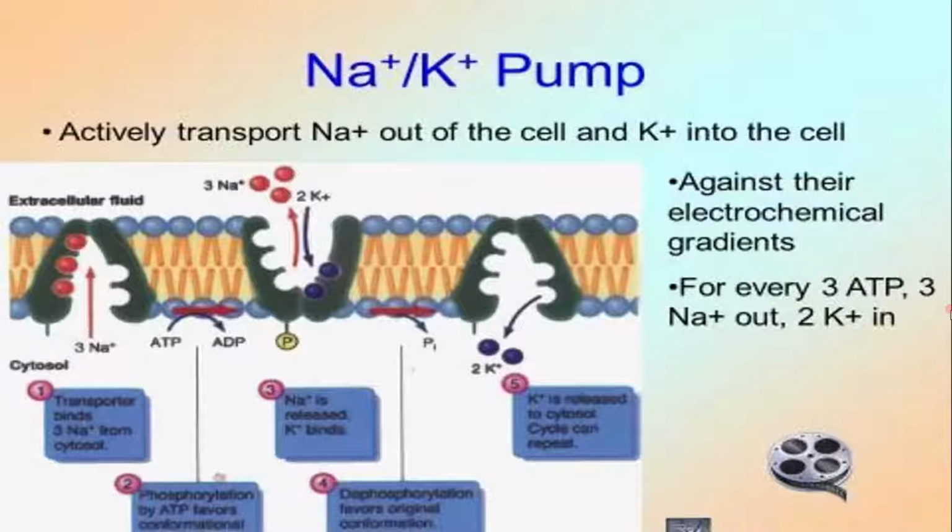So what will happen? Ultimately, the number of ions inside the cell will increase. If this increases, water will move inside by osmosis. So finally, the cell will swell up and burst. So it is an electrogenic pump, and it also helps in regulation of the cell volume.